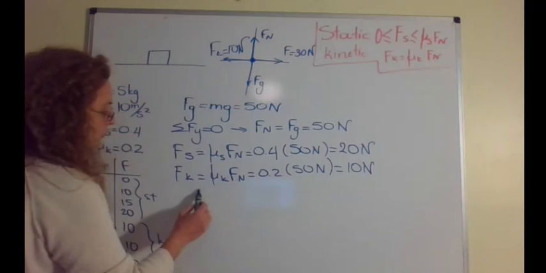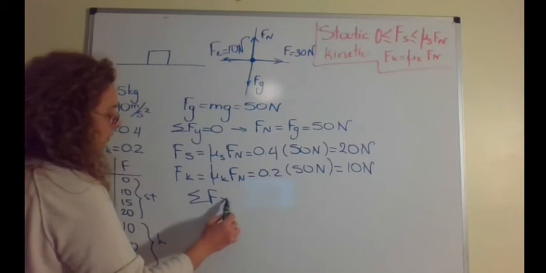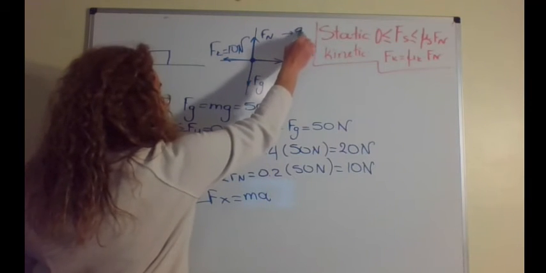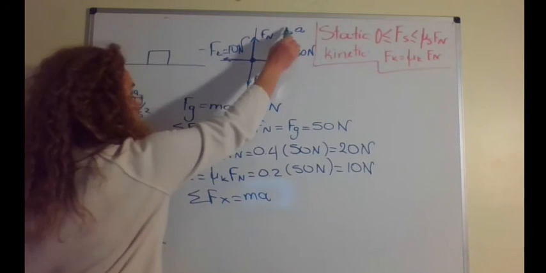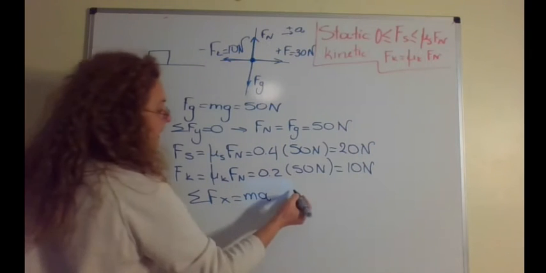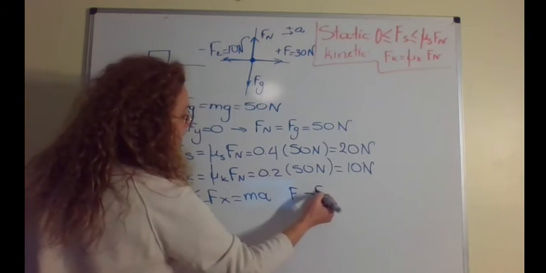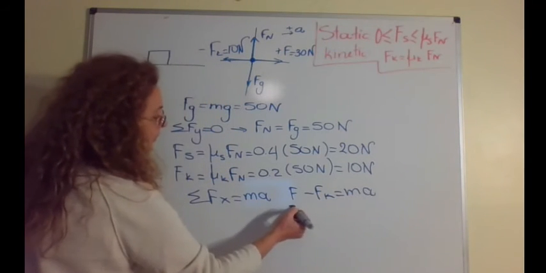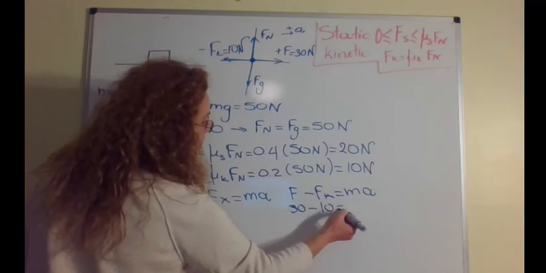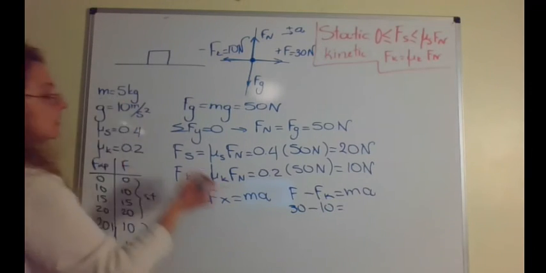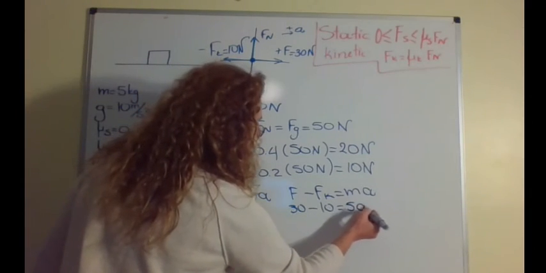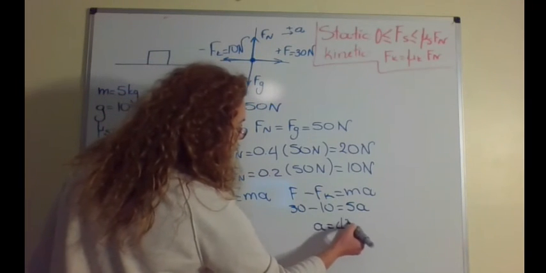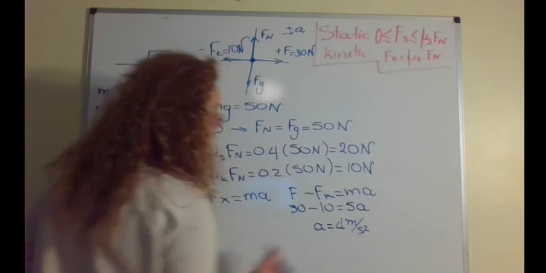So now the sum of forces on the x-axis should create acceleration. Positive, negative, positive. So I have that my force minus kinetic friction equals mass times acceleration. So 30 minus 10 should be equal to the mass 5 times the acceleration, which means that my acceleration will be, in this case, 4 meters per second squared.